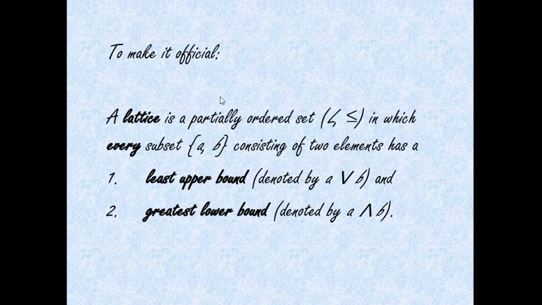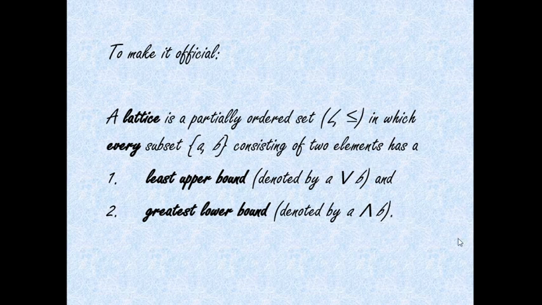So, to officially define, a lattice is a partially ordered set in which every two-element set {a, b}, where a belongs to L and b belongs to L, has a least upper bound, that is, we have a join b, and a greatest lower bound, denoted by a meet b.